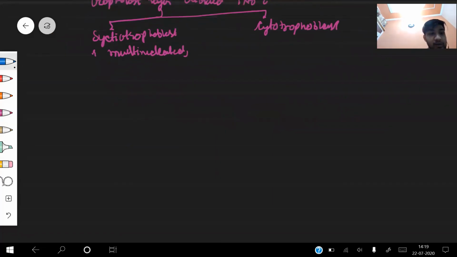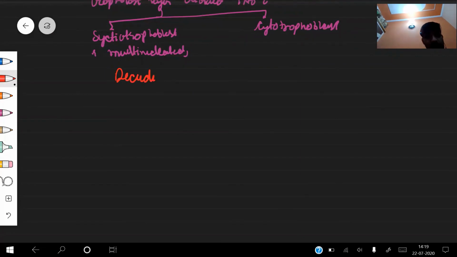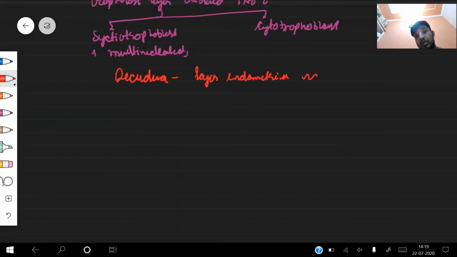The endometrium changes into the decidua. The layer of endometrium is now called the decidua.